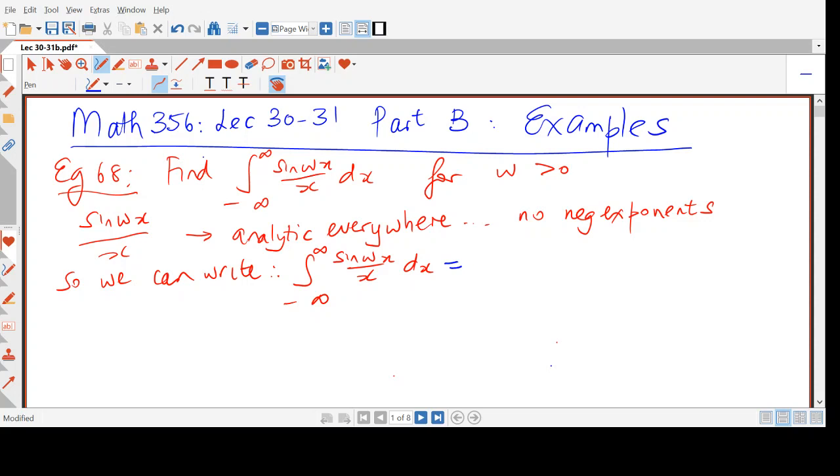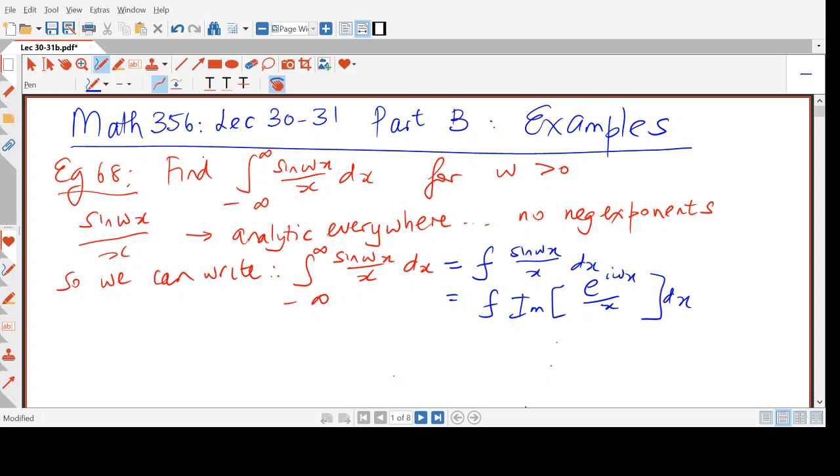We can write this as the principal value of sine omega x over x dx, and take the imaginary part of the principal value of e to the i omega x over x dx.